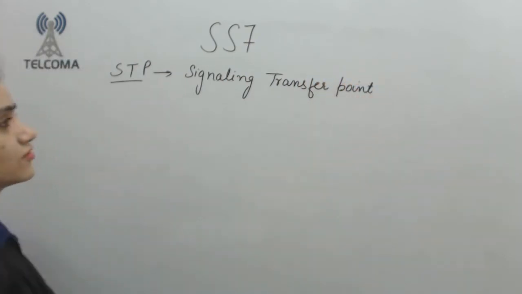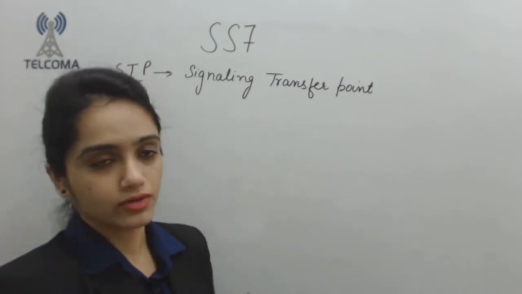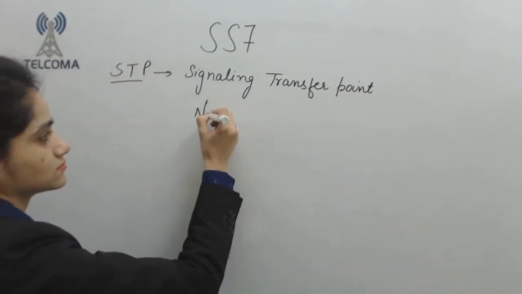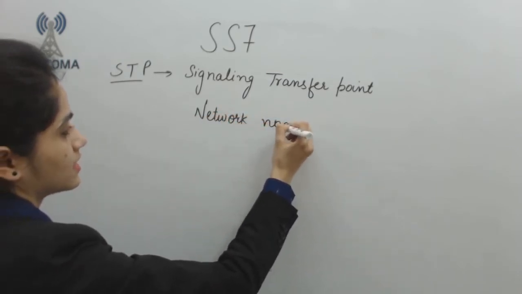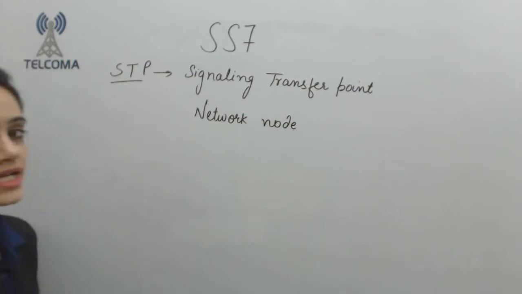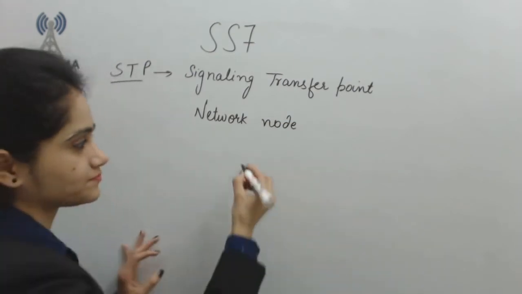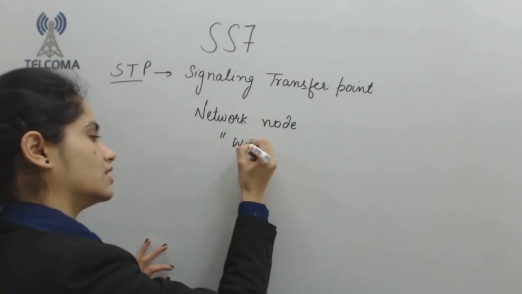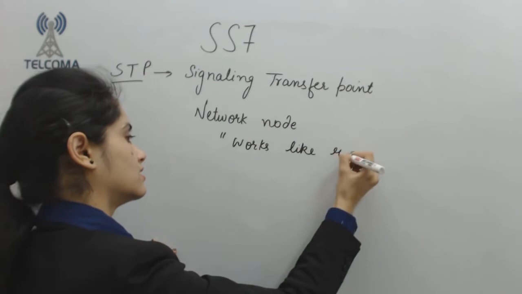Now what is the function of the signaling transfer point? It is basically a network node. So this one will form a network node and it works like a router.